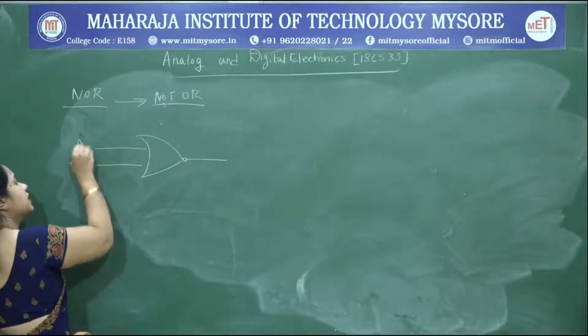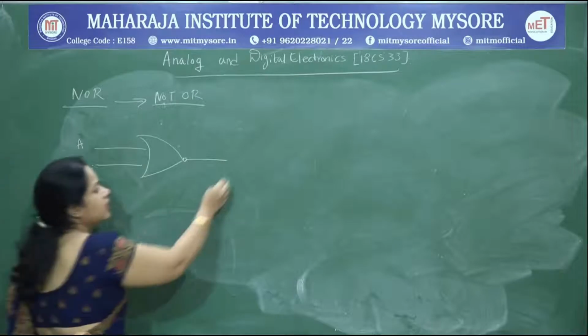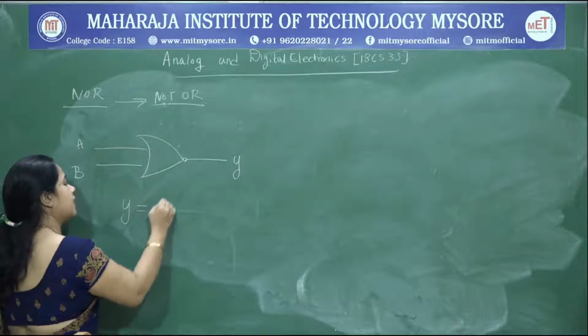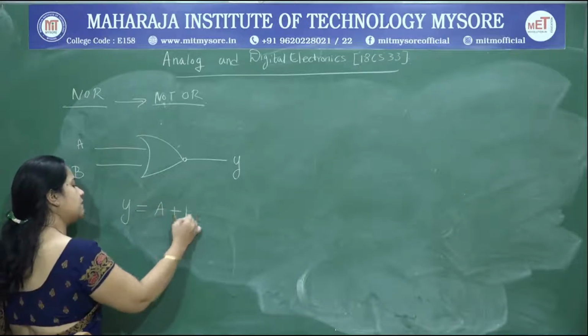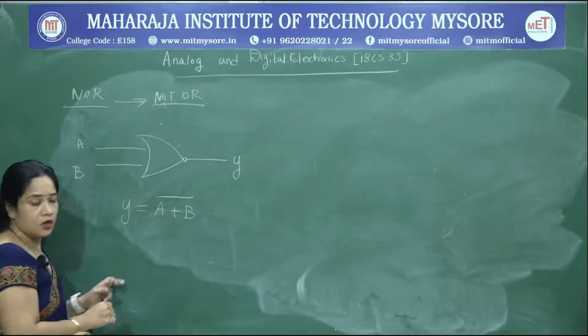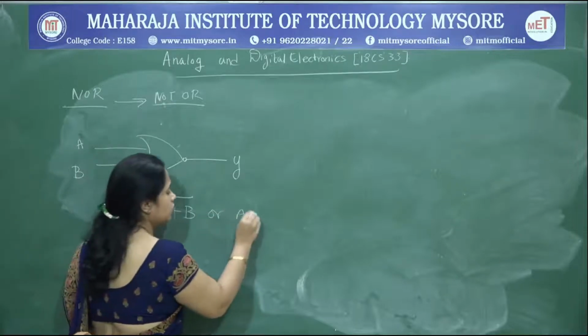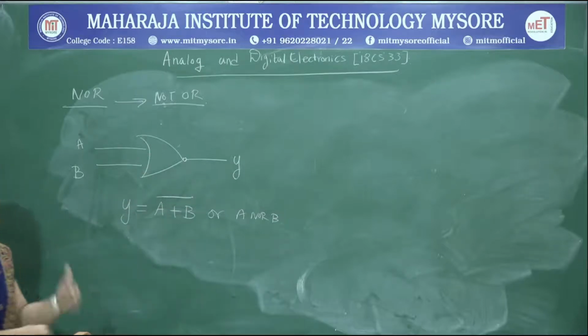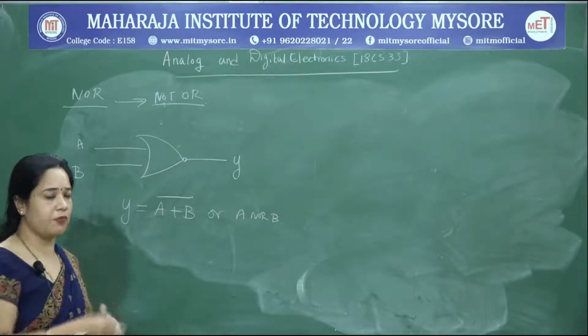So, again if I consider the inputs as A and B and Y is the output, we write the expression for Y as A plus B whole bar or A NOR B. So, this is just going to invert your OR operation.